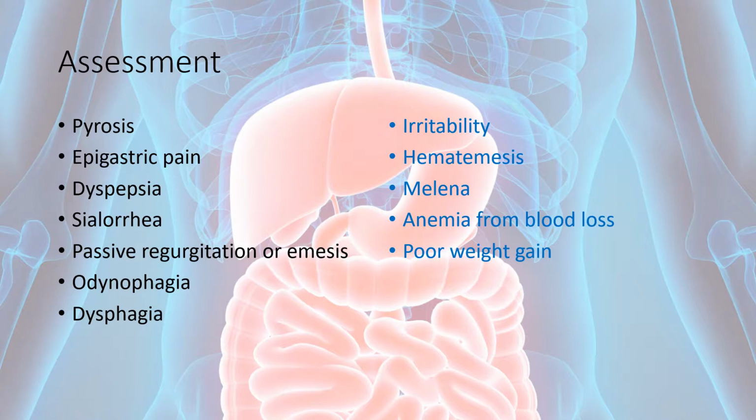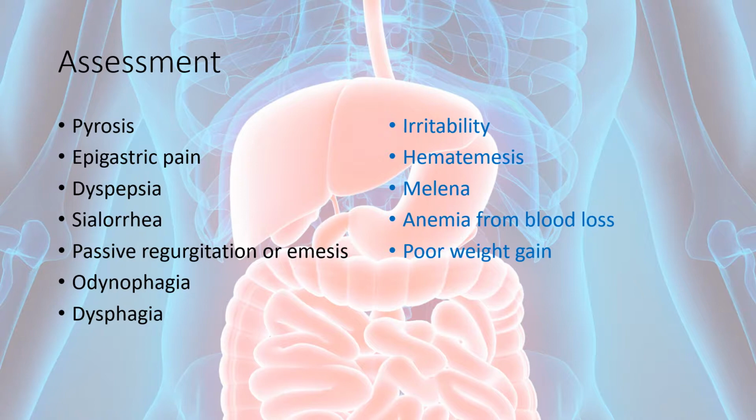Now, adults are easy, right? I mean, they can tell us what's wrong, they can tell us where it hurts, but infants really can't. So with infants, we're stuck more with having to do a very thorough assessment. Infants with GERD are going to be very irritable. They're going to have hematemesis, so blood in the vomit.